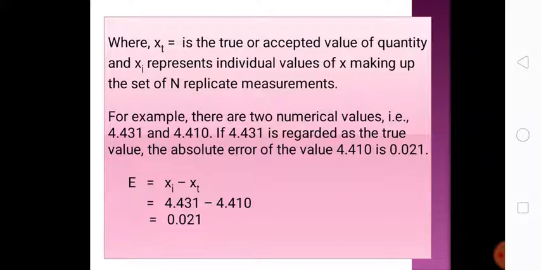For example, there are two numerical values, 4.431 and 4.410. If the first value is regarded as the true value and the second as the measured value, we put these values in the above formula and find the absolute error.